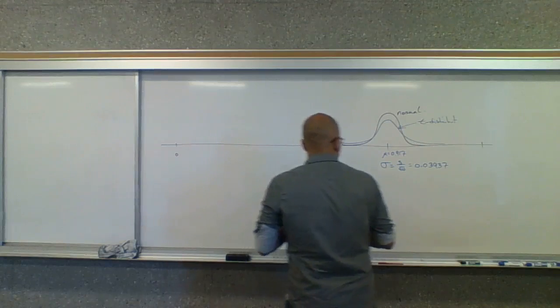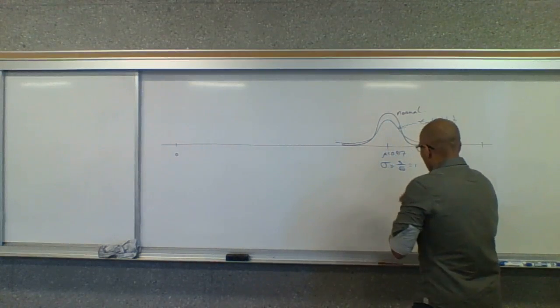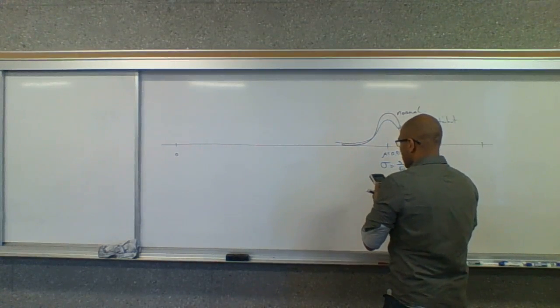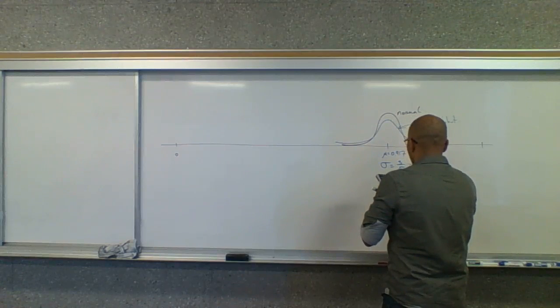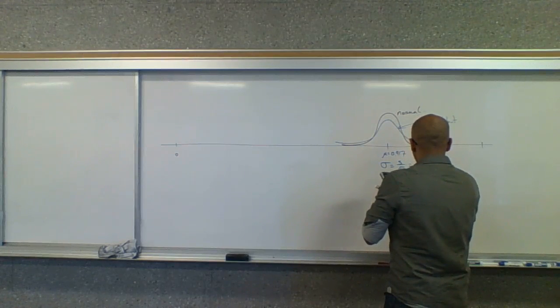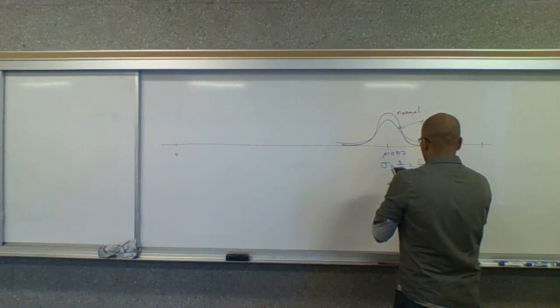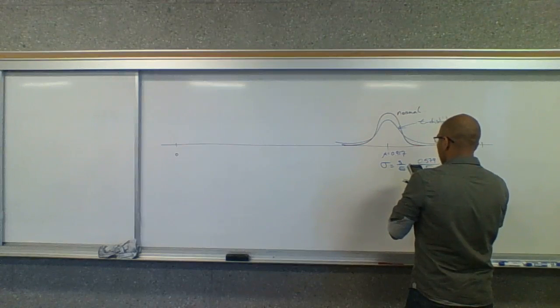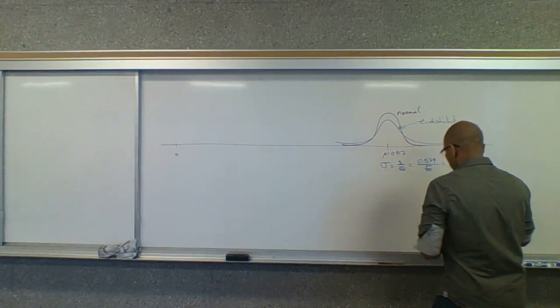So that's our sample standard deviation of 0.0579 divided by the square root of 10, which gives you 0.1830. Are you still with me so far?